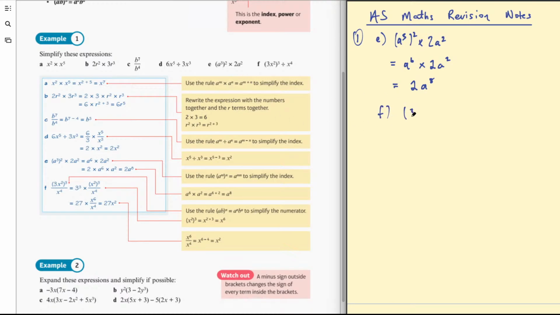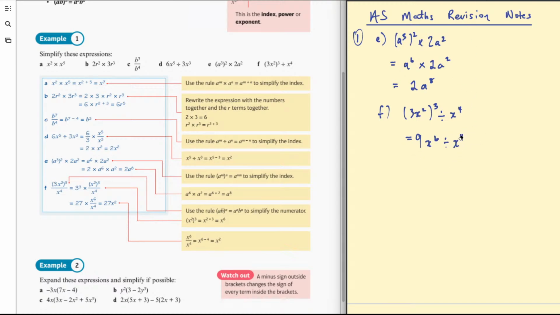Okay, part F. We've got 3x squared to the power of 3 divided by x to the power of 4. Again, using your index laws, you need to cube everything in these brackets. 3 cubed is 9. X squared to the power of 3, you multiply those powers, so 2 times 3 is 6. Divided by x to the power of 4.